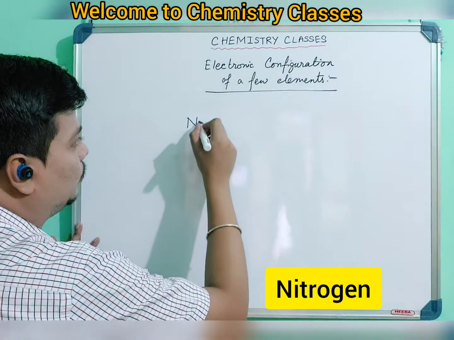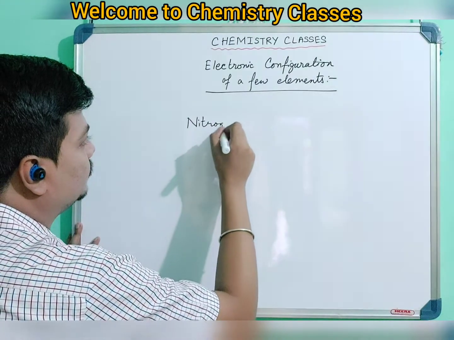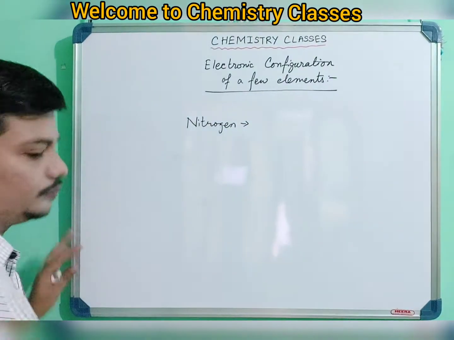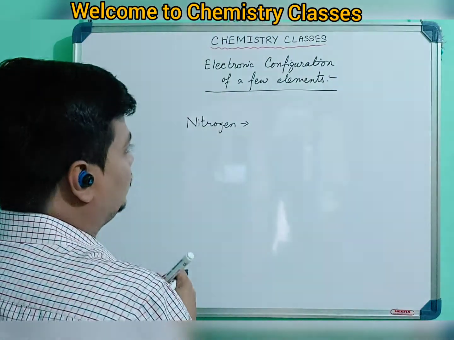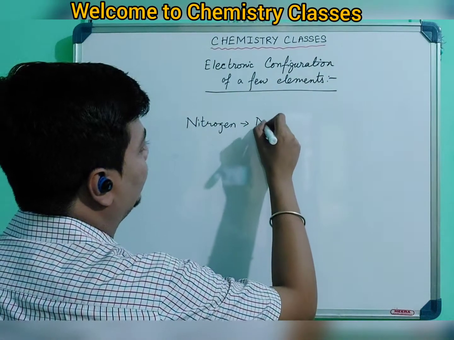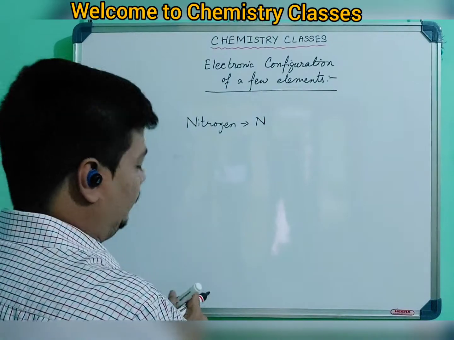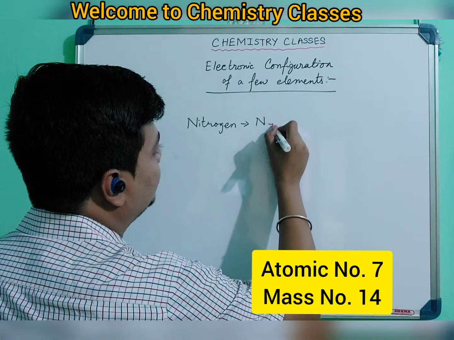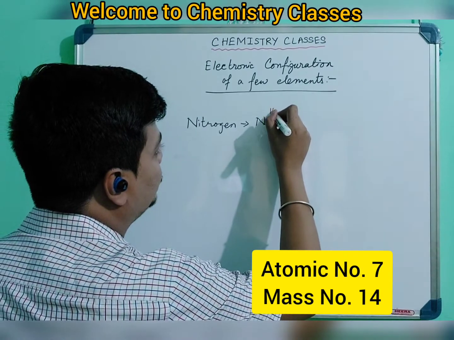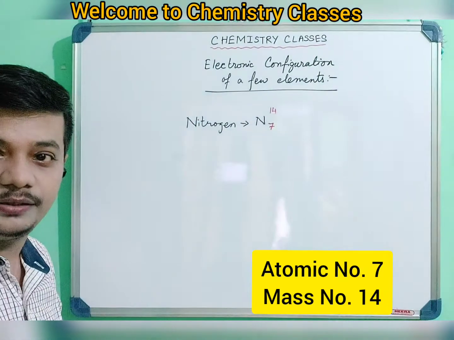Okay, so nitrogen, let me take another marker. So nitrogen, its symbol is N and its atomic number is 7, mass number is 14, right?